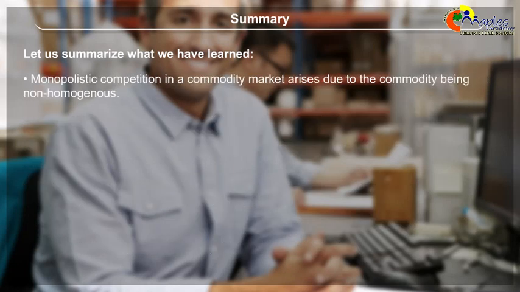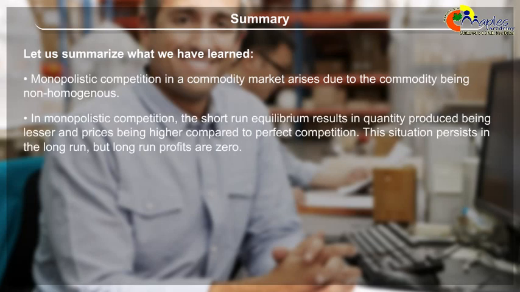Monopolistic competition in a commodity market arises due to the commodity being non-homogeneous. In monopolistic competition, the short-run equilibrium results in quantity produced being lesser and prices being higher compared to perfect competition. This situation persists in the long run, but long-run profits are zero.